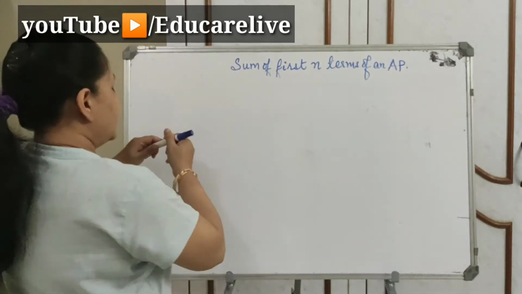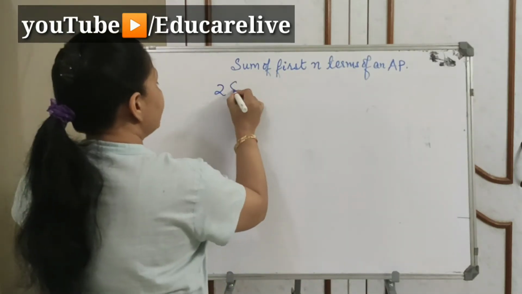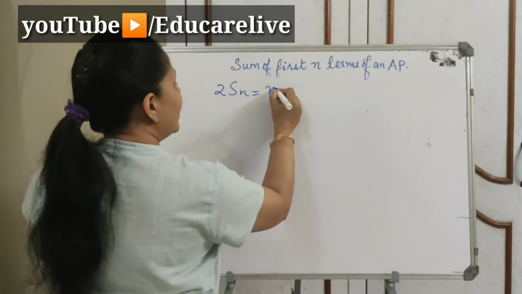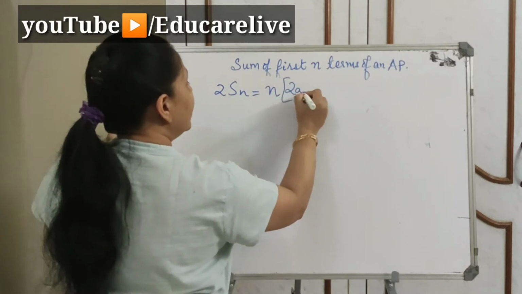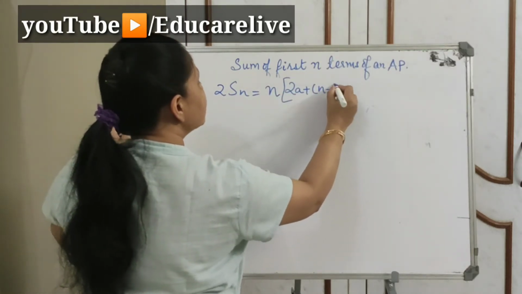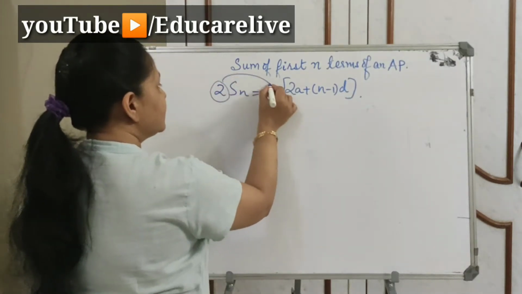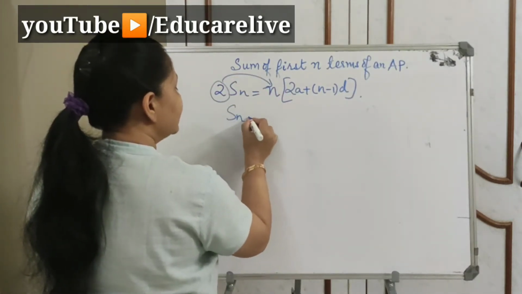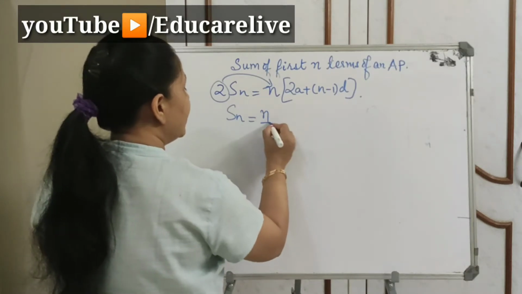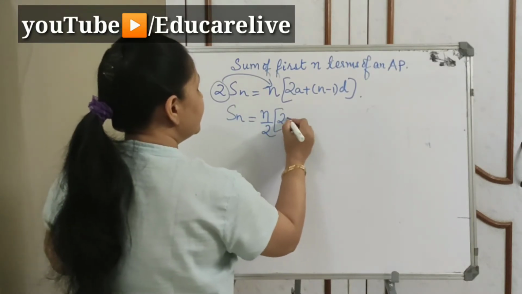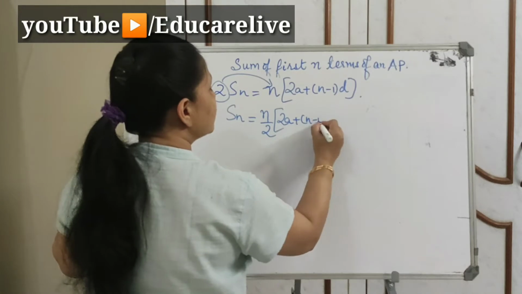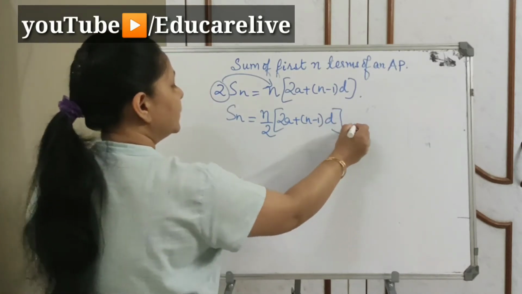Right? What we got is twice of Sn is equal to n times of 2a plus n minus 1 d. So if I transfer this 2 here, I'll get Sn, the sum of first n terms, will be n upon 2 times 2a plus n minus 1 into d.